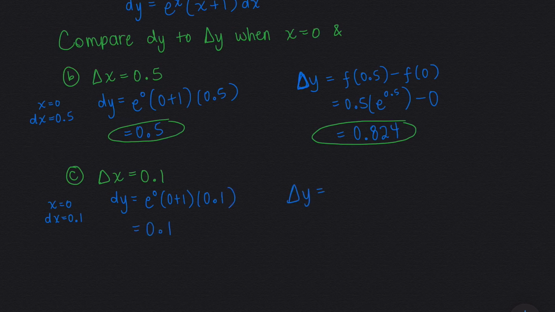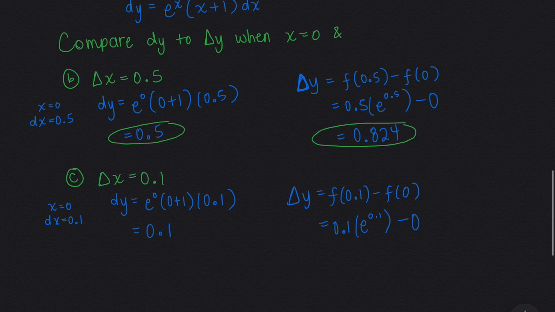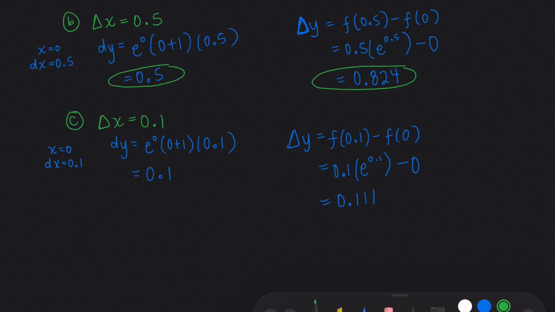If we look for our actual change in y, we'd plug in f of 0.1 minus f of 0, which gives us 0.1 times e to the 0.1, we're plugging into the original, minus 0, which is 0.111. Look at this. If we compare these two values, they are way closer than what we had previously.